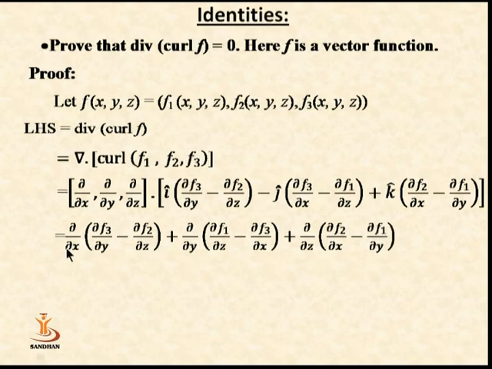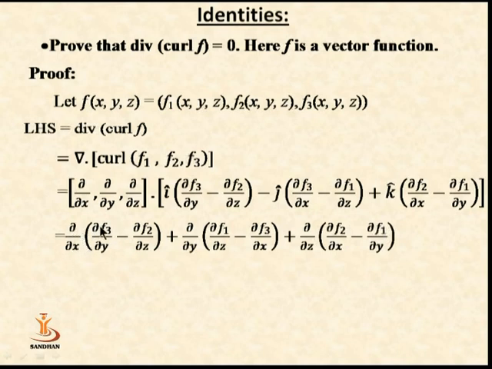Now for the differentiation, we get the second differentiation of all the functions f1, f2 and f3. First we differentiate this bracket with respect to x. Here the differentiation with respect to y is available, and after that we differentiate with respect to x.